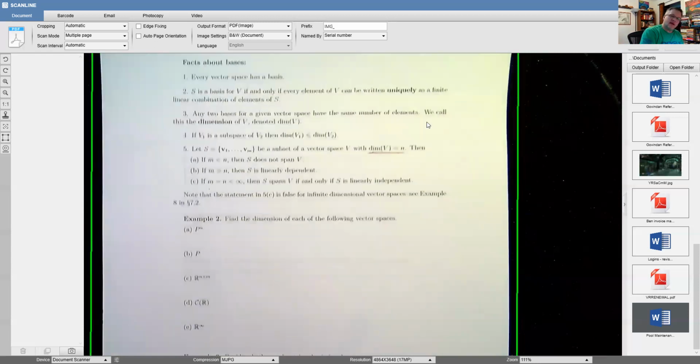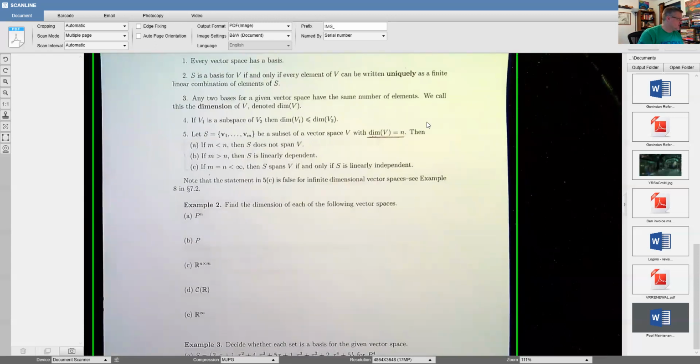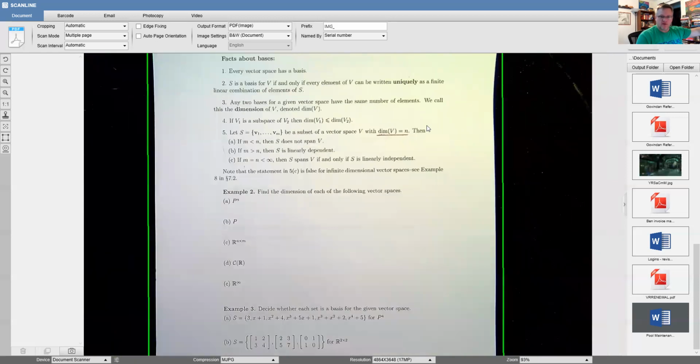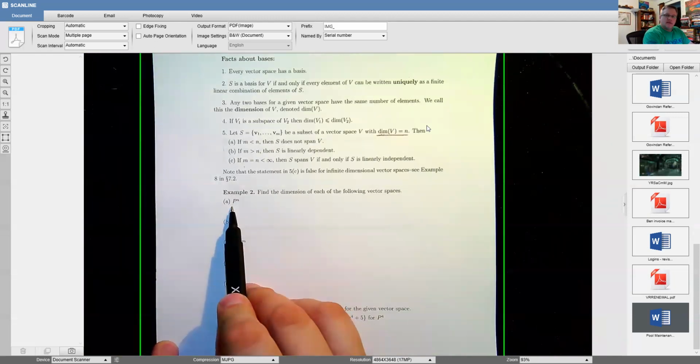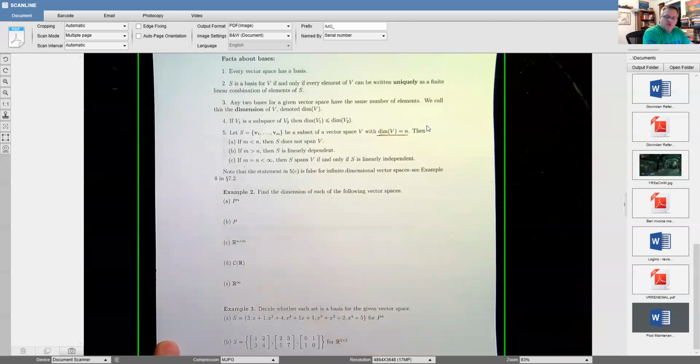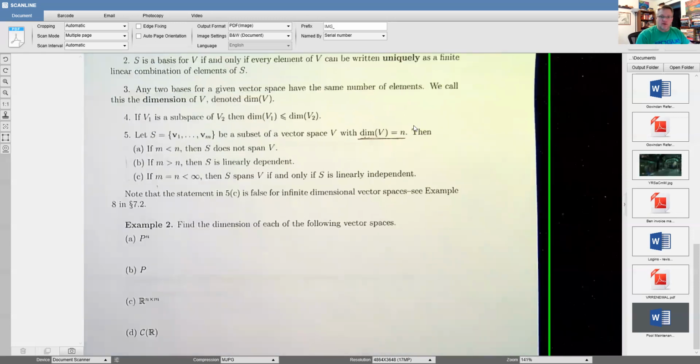Okay, so let's actually use some of these as well as some of the previous examples we talked about to find dimensions of these spaces. All right, so for Pn, remember Pn is the set of all polynomials of degree n, and so you need a basis to be able to talk about dimension, right?